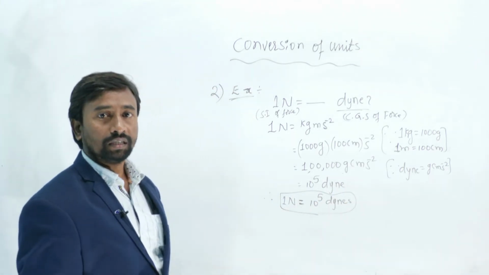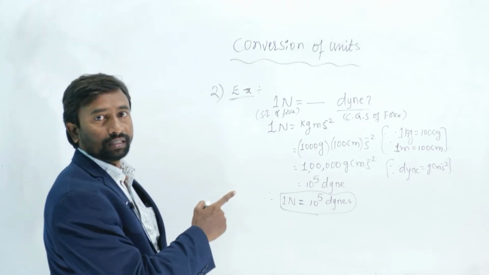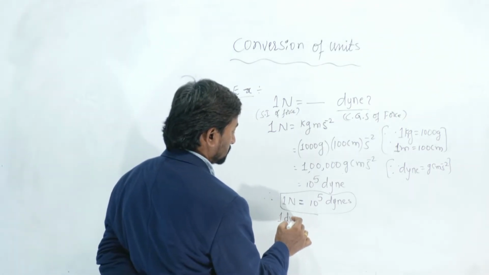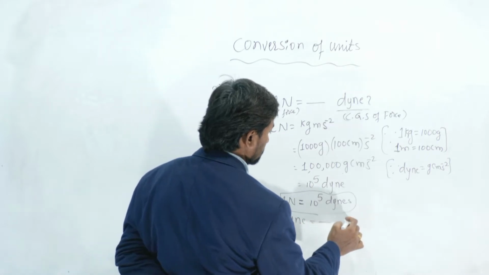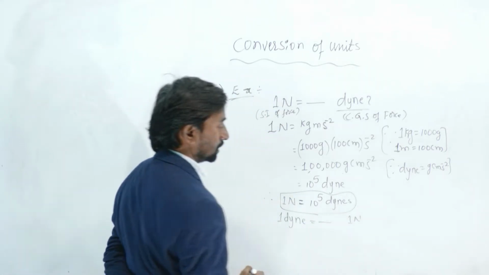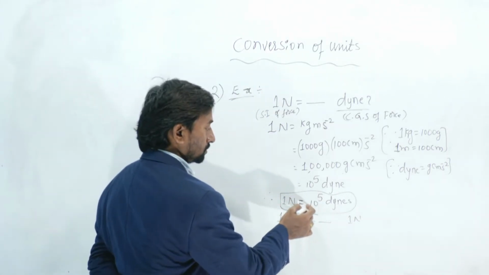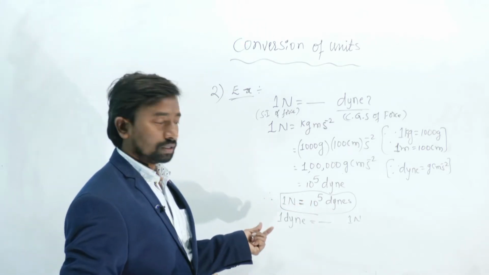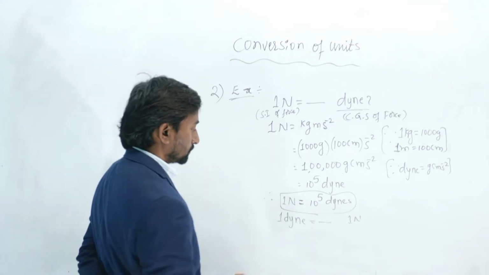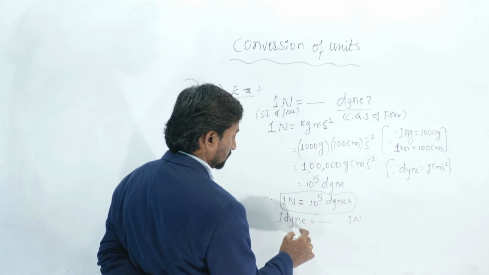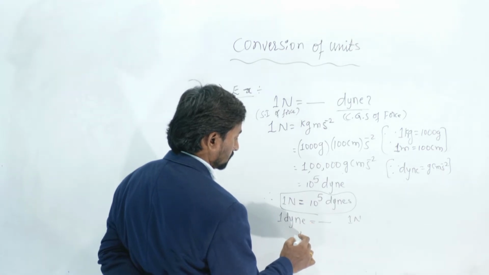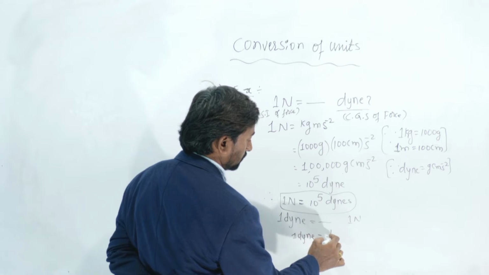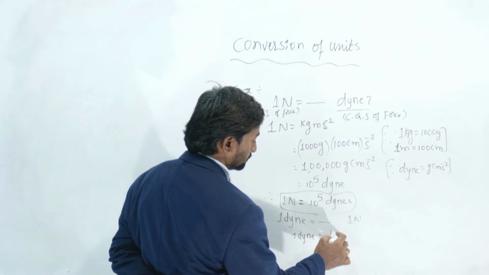We can also write 1 dyne is equal to how many newtons. Simply send this 10 to the power of 5 to the other side, and it becomes a divide. So 1 dyne is equal to 1 by 10 to the power of 5 newtons.